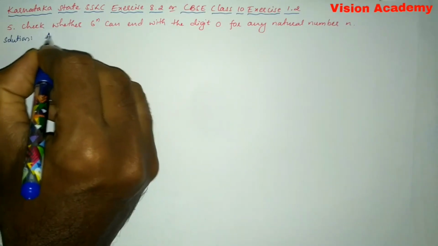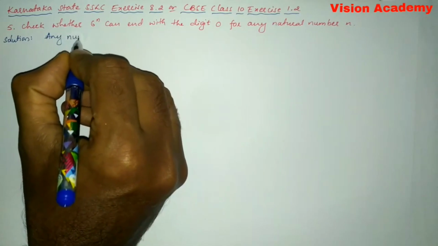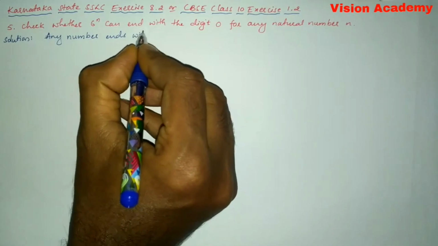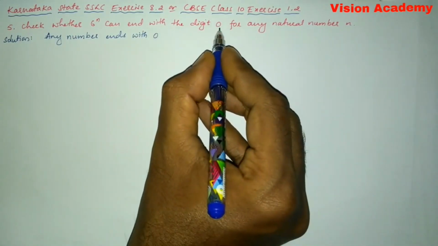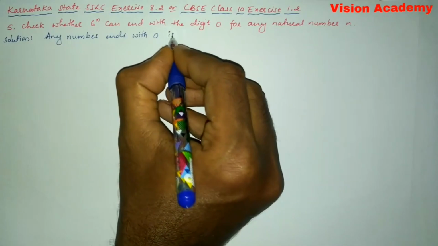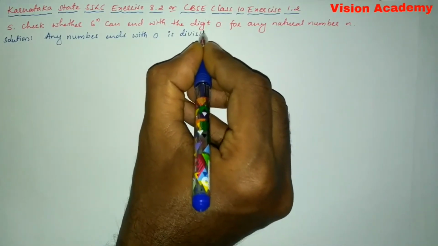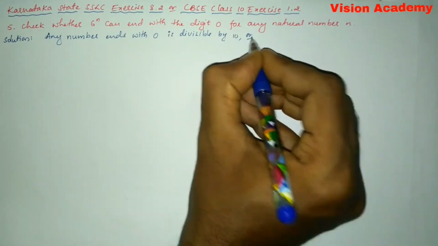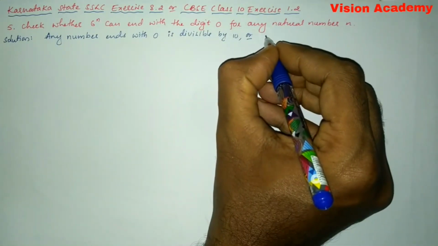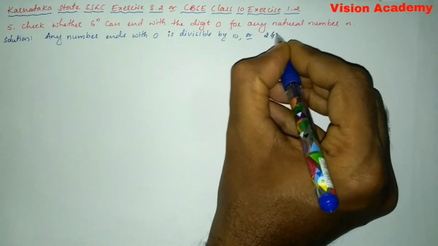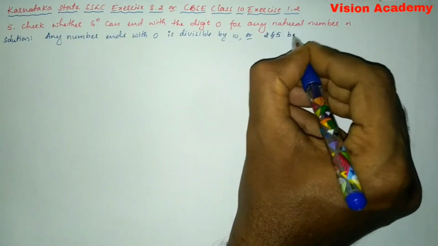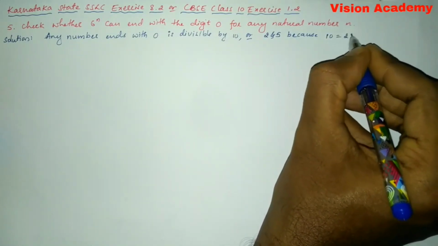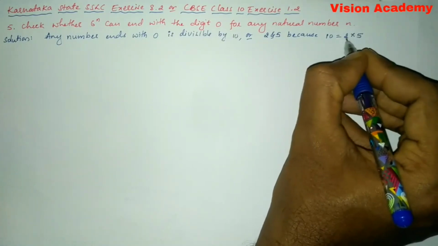Let us write: any number that ends with 0, which is already given in the question, is divisible by 10, or it is divisible by 2 and 5, because we can say that 10 is equal to the product of these two prime factors.